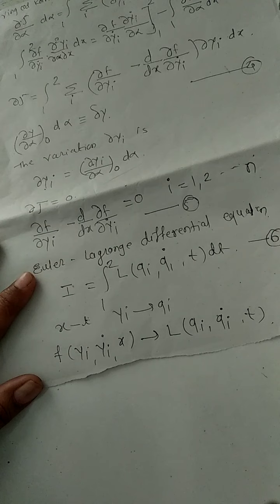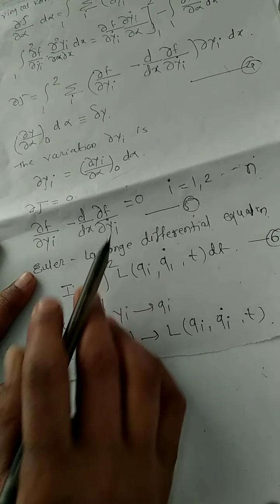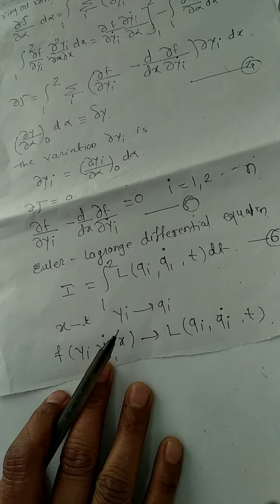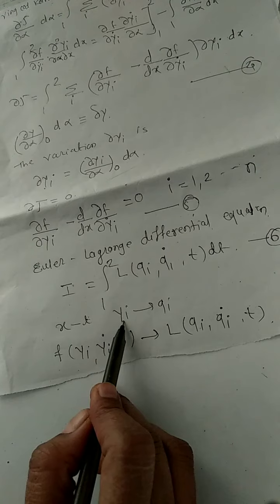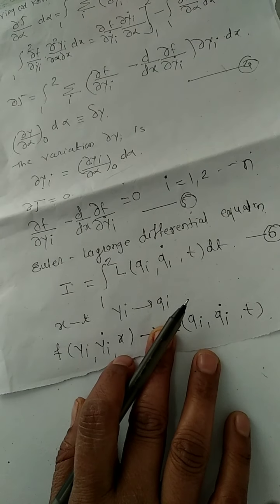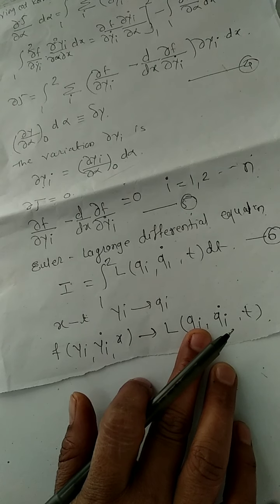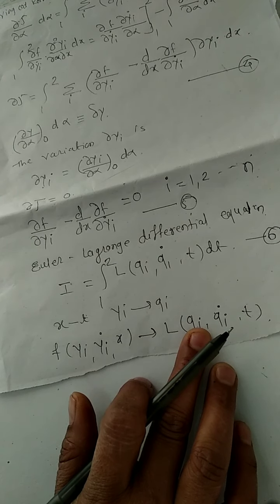In deriving equation 5, we assumed that the yi variables are independent. The corresponding condition in connection with Hamilton's principle is that the generalized coordinates qi be independent variables, which requires that the constraints be holonomic.